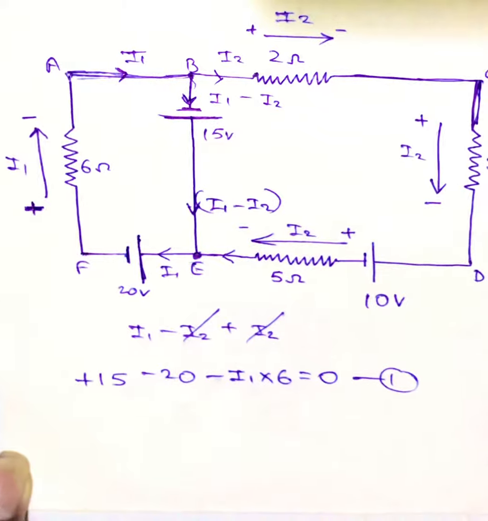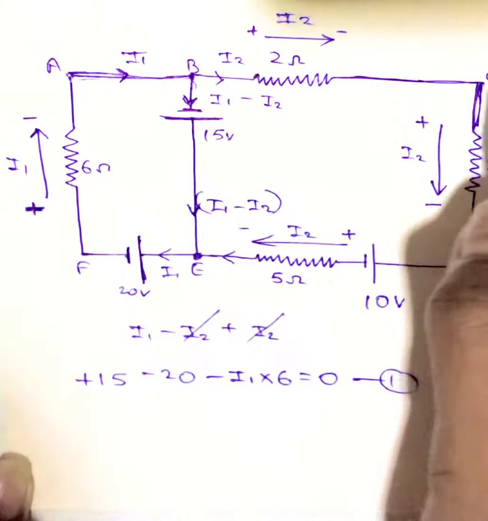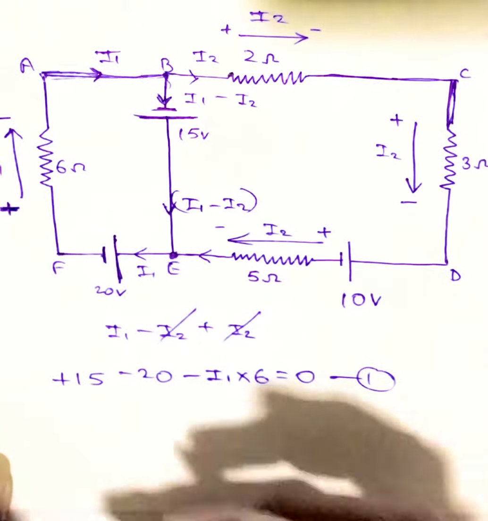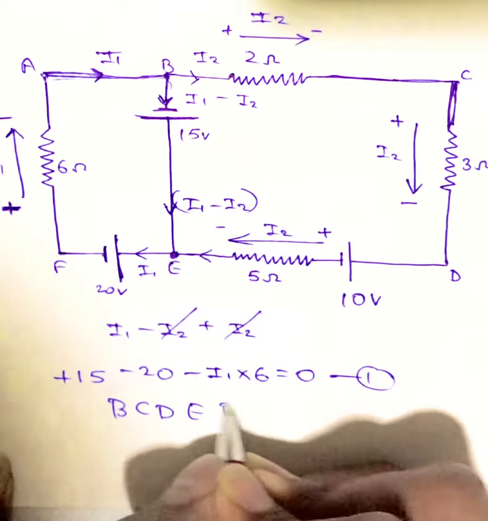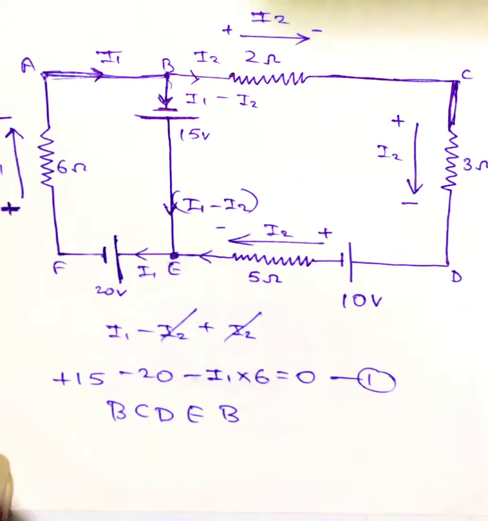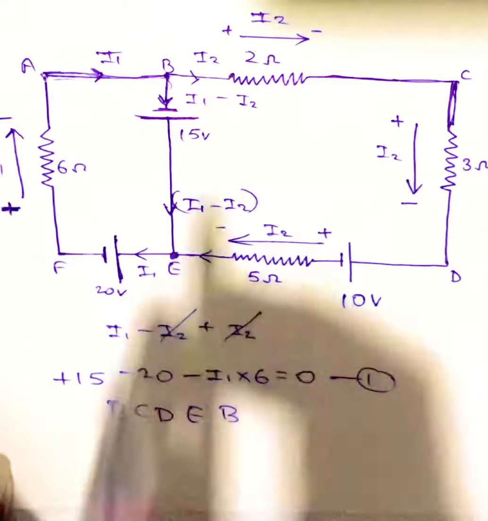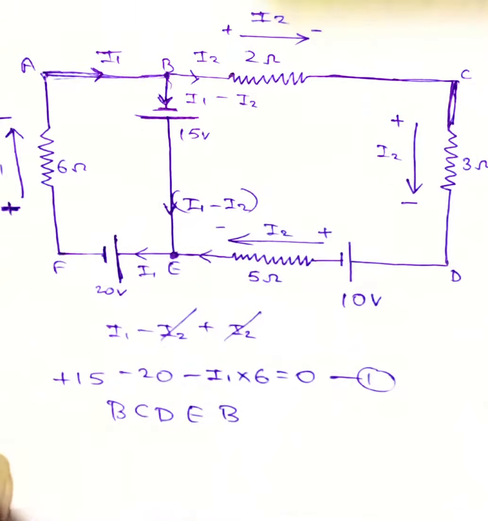Now let's consider another loop, B, C, D, E and B. When we move from B to C, is there a potential drop? Yes, there is a potential drop across the 2 ohm resistor.